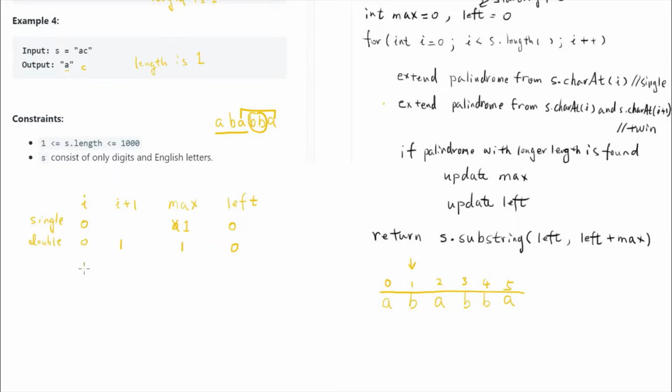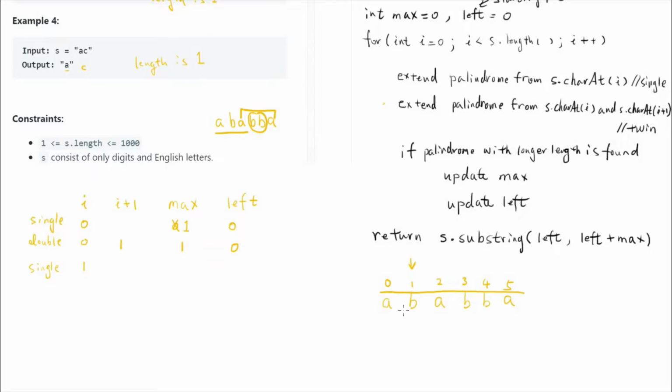It's 1. And we don't need I plus 1. So we try to extend from the single center B. The character on the right is A, equal to the character on the left, A. So we have a new palindrome with a length of 3.